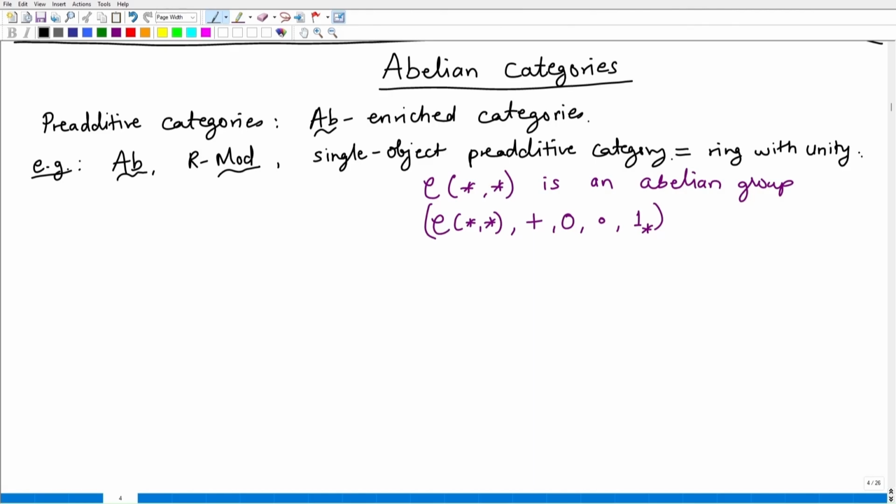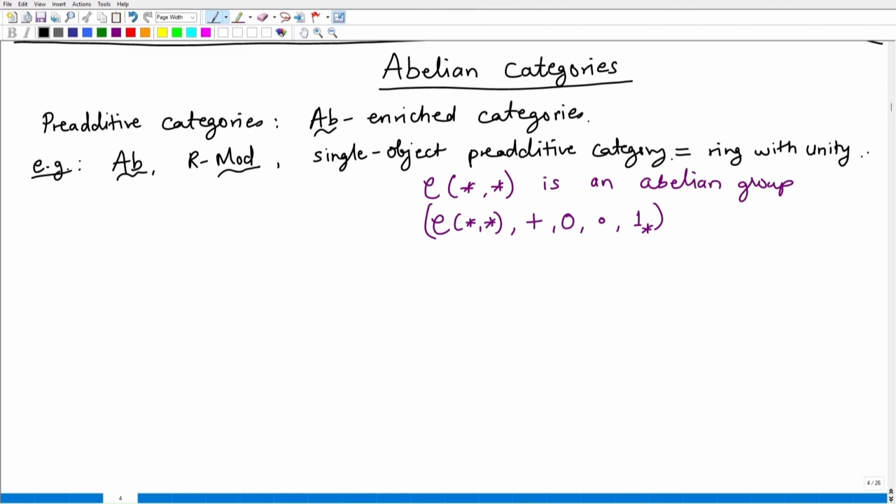So whatever role a monoid played in the set world, in the pre-additive world a ring is playing the same role. So now we know what a ring is: a ring is nothing but a single object pre-additive category. Understood?